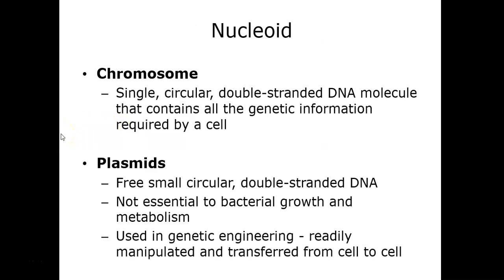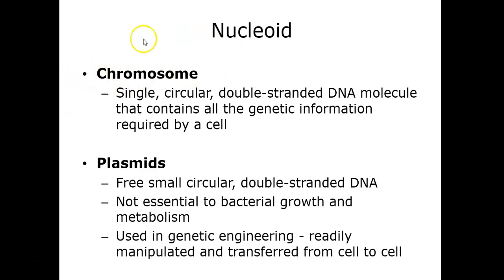And then again, since we're talking about the prokaryotes, they don't have a nucleus. There's no membrane-bound organelles in a prokaryote. So they actually have a region where their genome, their genetic material, is located. And we call this the nucleoid region. And in the nucleoid region, we can find two different materials.